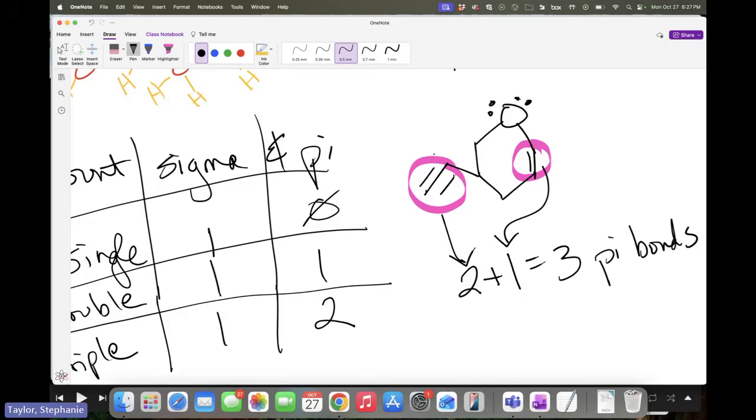Now, the other thing we mentioned are sigma bonds. Somebody else had asked what are common traps or easy tricks. I will say this for sigma bonds.